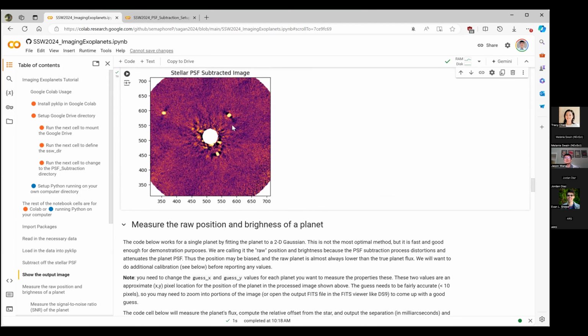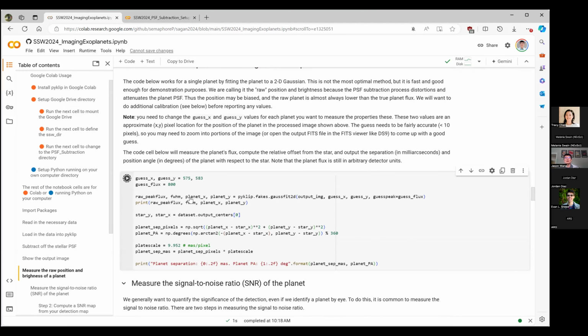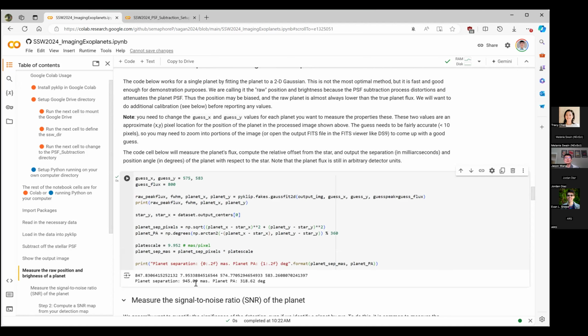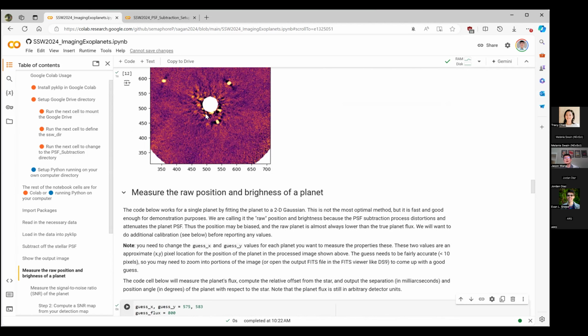So the participants don't have to do any of that in order to correctly measure the separation and position angle of planet C here. The code works straight out of the box, but if they were to change it to do something else, that's how you would change it to find another planet's position or brightness.